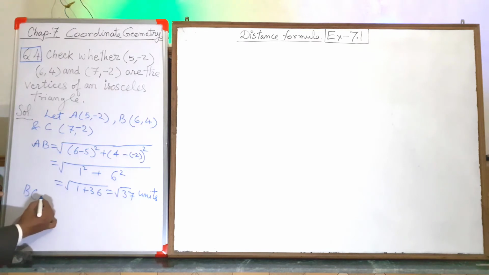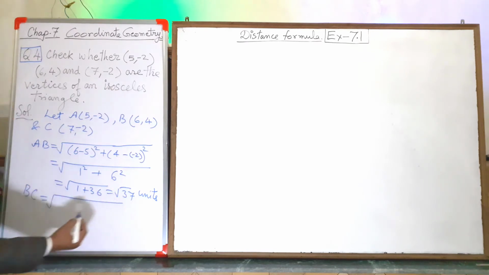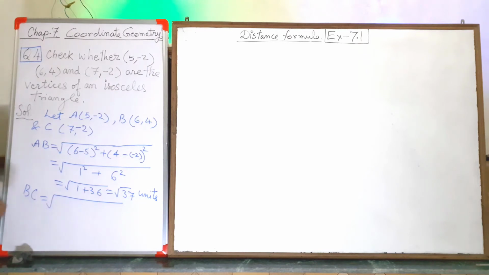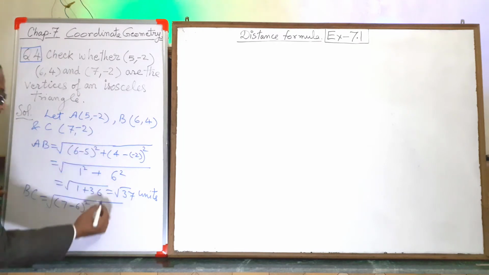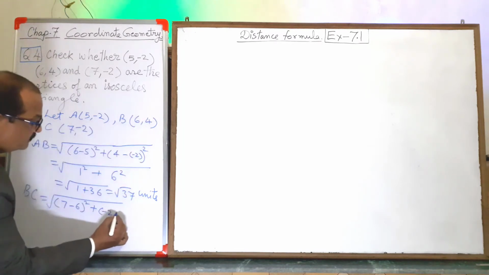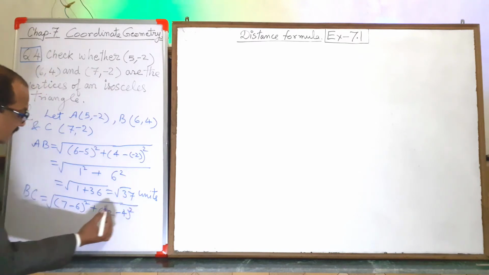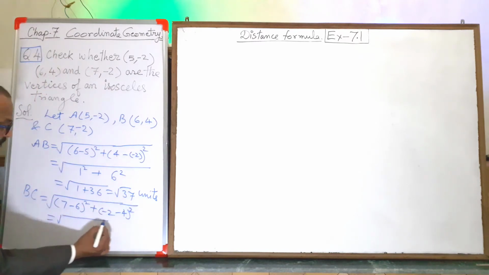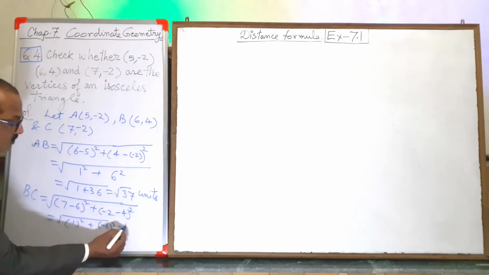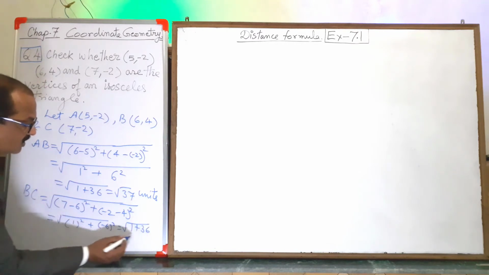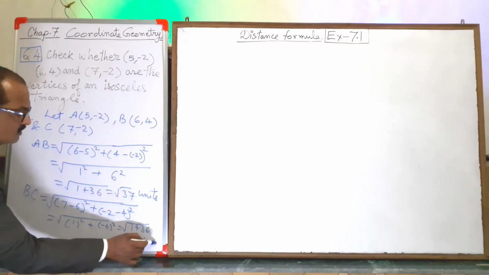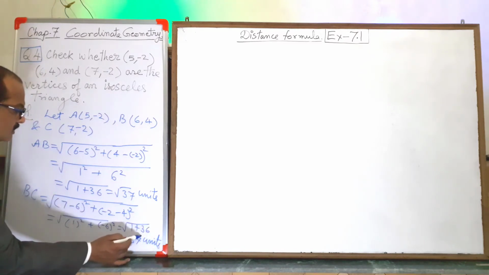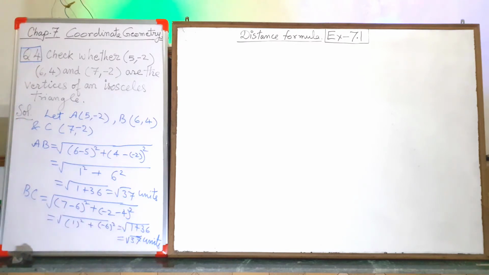Similarly, you can calculate the length of the side BC. (7 - 6) whole square plus (-2 - 4) whole square. Now this is 1 square plus (-6) square. So you get 1 plus 36. Again it is coming under root 37 units.